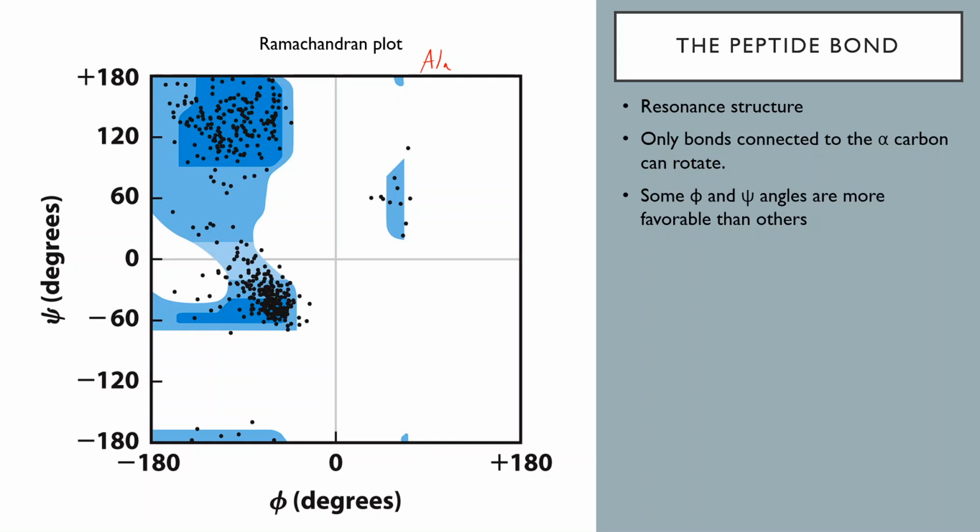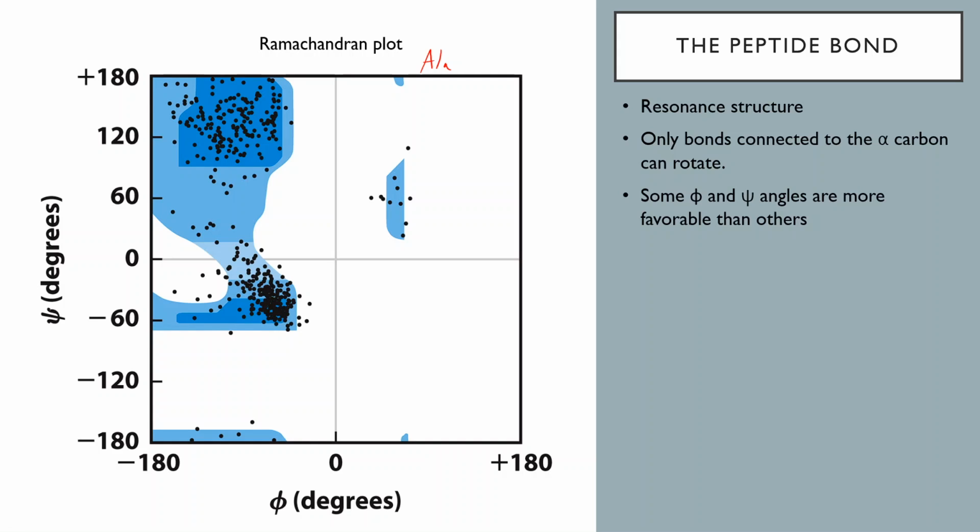You also see regions like around minus 60 degrees in the psi angle that are feasible. Those are the most energetically favorable because they allow the least steric hindrance, and the white areas are generally not allowed, at least for that amino acid.